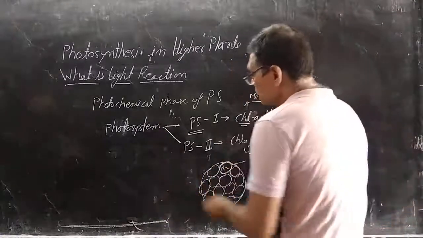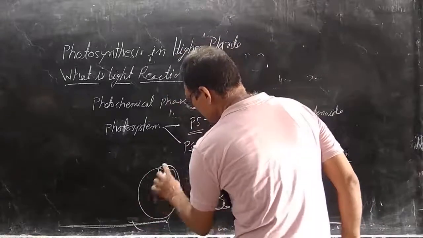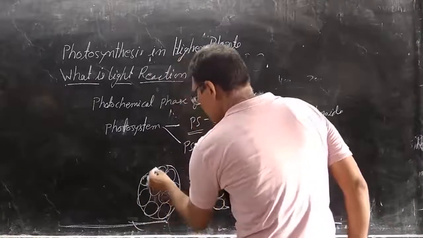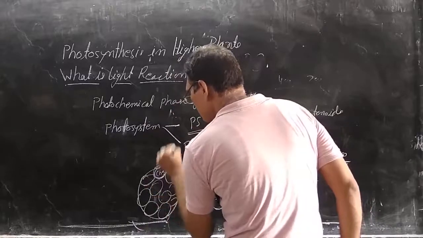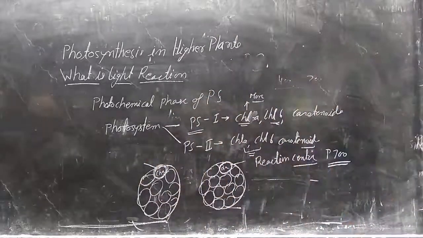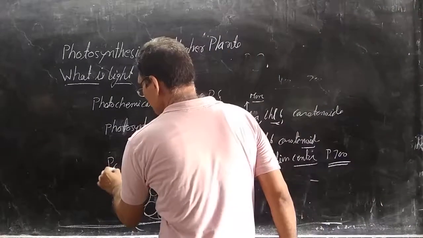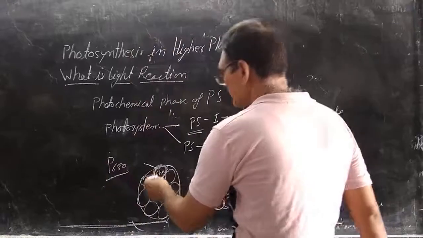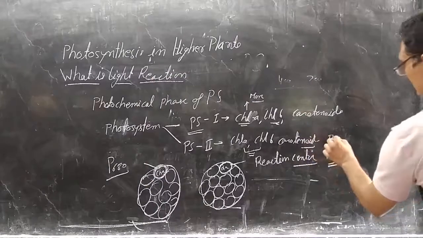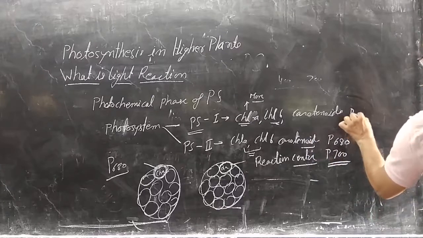Like that in photosystem second, different pigment molecules are there, in which again one chlorophyll A molecule is excited by wavelengths below 700, and that is known as P680. This is the reaction center of photosystem second. So photosystem second has the reaction center P680, and photosystem first has P700.